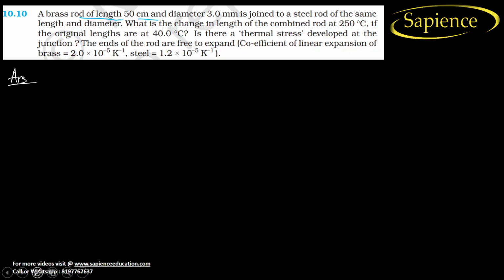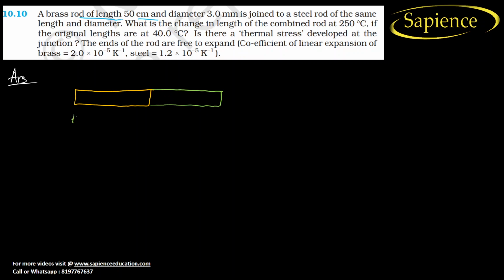So let us draw the brass rod as well as the steel rod. This is a brass rod and there is another rod which is made up of steel, and the dimensions are the same for both.